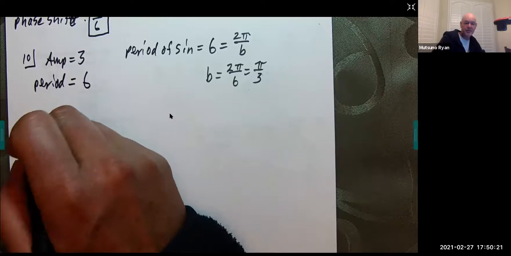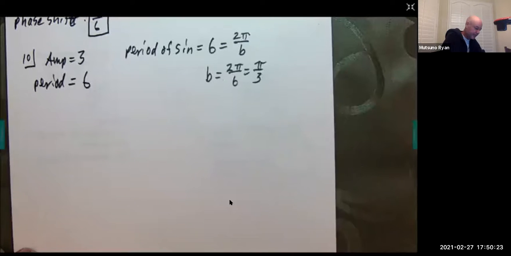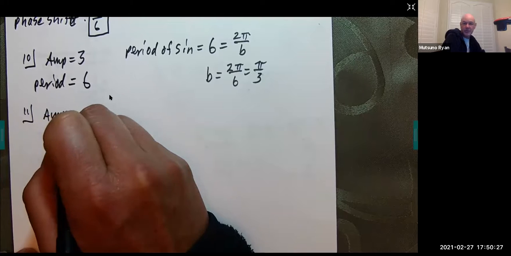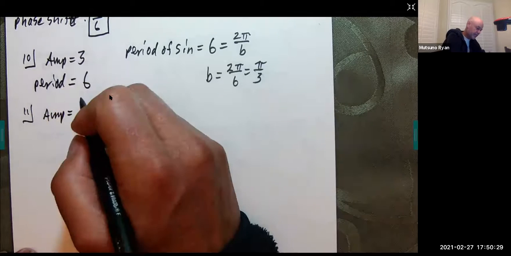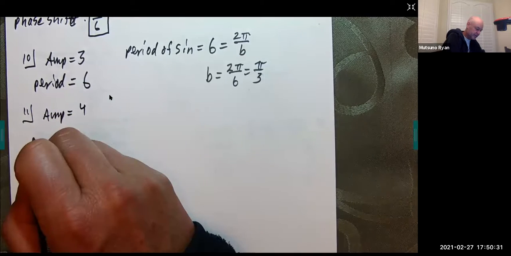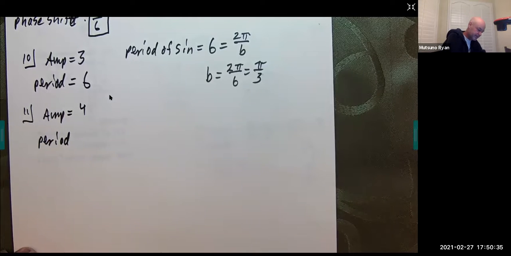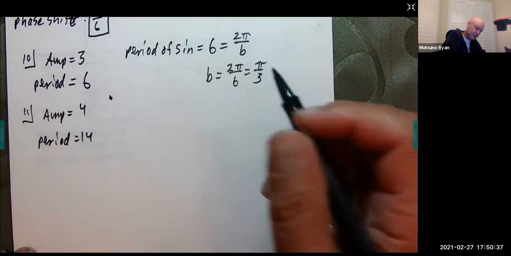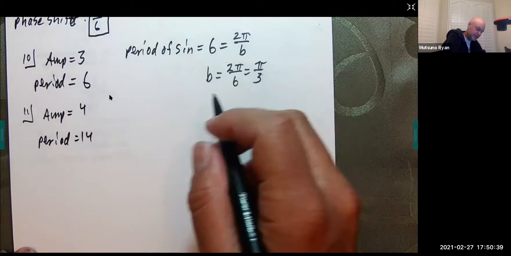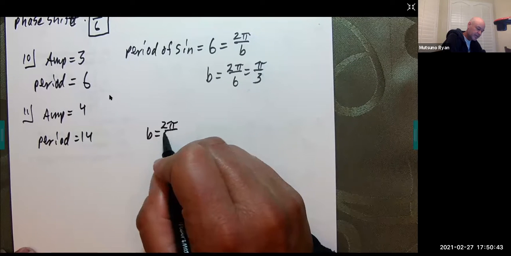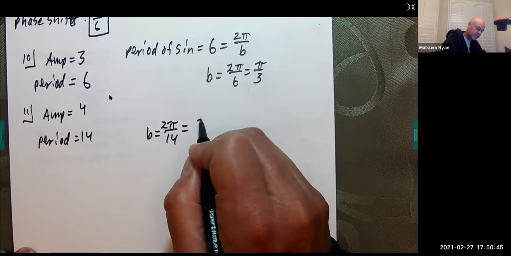And so this is number 11. Again, the amplitude in this case was 4. The period is 14. So I'm going to do what I did up here. b equals 2 pi over 14, which is pi over 7.